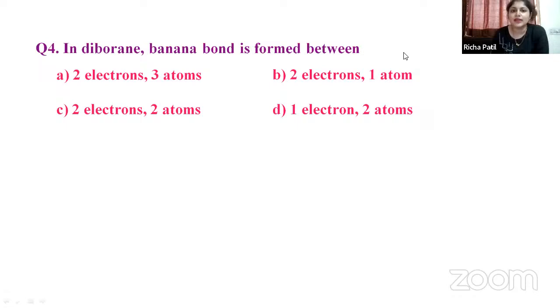In diborane, a banana bond is formed between which? Again, I'll write the structure.